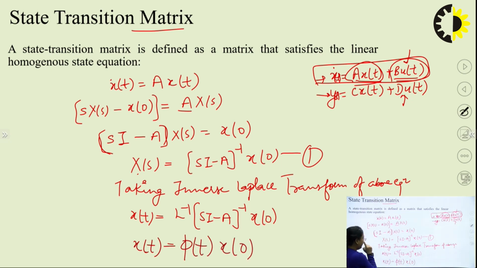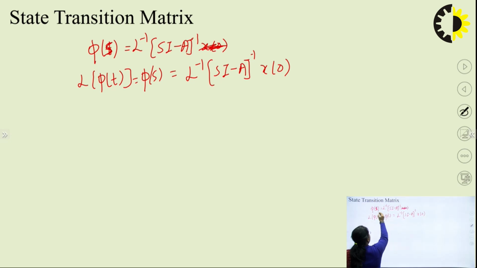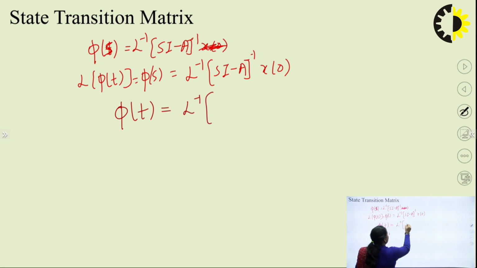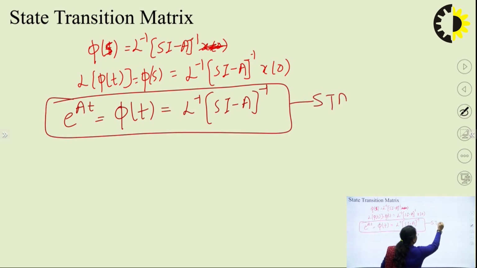Now if we compare these two equations, X(s) is equal to phi(s) into x0, and comparing them, I am getting that phi(s) is equal to (sI minus A) inverse. Finally, phi t is the Laplace inverse of (sI minus A) inverse, and we can also write it as e raised to the power A t, and this is the equation for the STM.